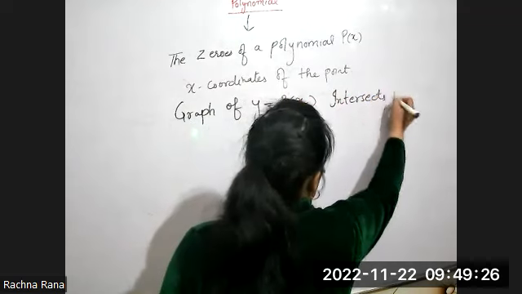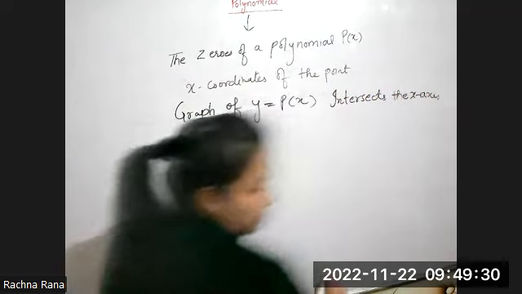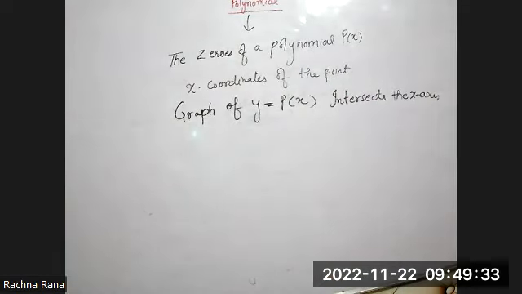Means zeros of the polynomial should be x coordinates of the points where the graph y is equal to p(x) intersects the x-axis.